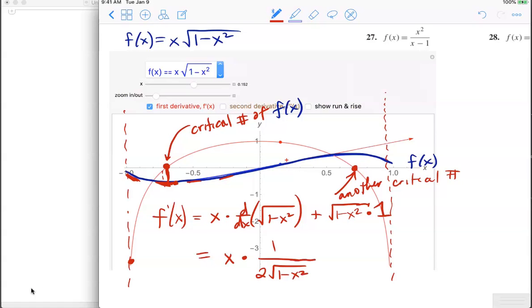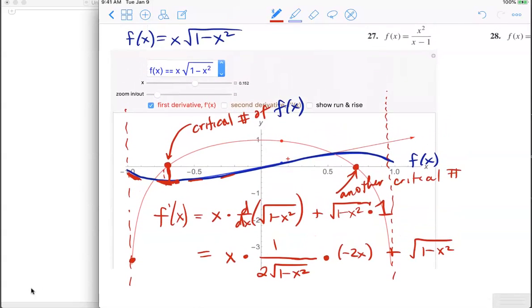That's the derivative of the outer function. And then there is a derivative of the inner function, negative 2x. Okay, plus the square root of 1 minus x squared. Okay, so there is our derivative.